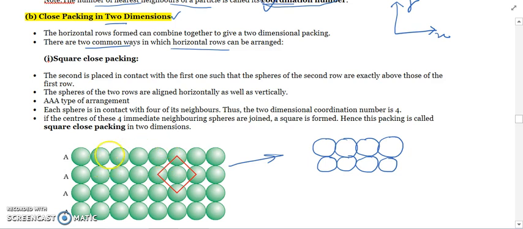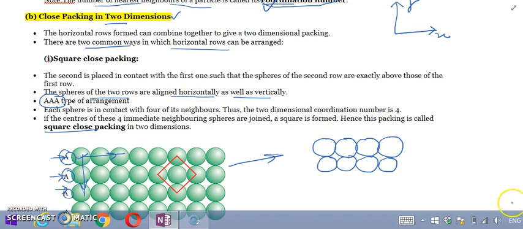This is what we get. This is called square close packing, and this is AAA type arrangement. Why AAA type arrangement? Because this is first layer, second layer, third layer, all are identical to the first layer. Therefore it is called A, then A, then A. The spheres of two rows are aligned horizontally as well as vertically.